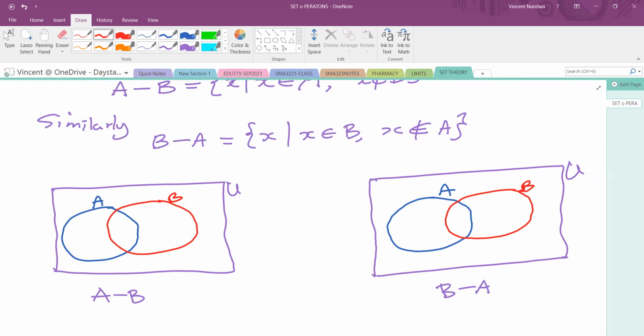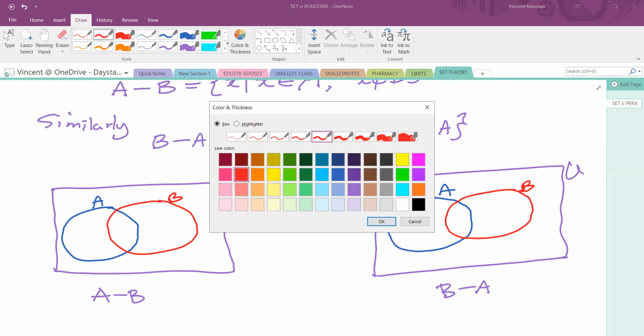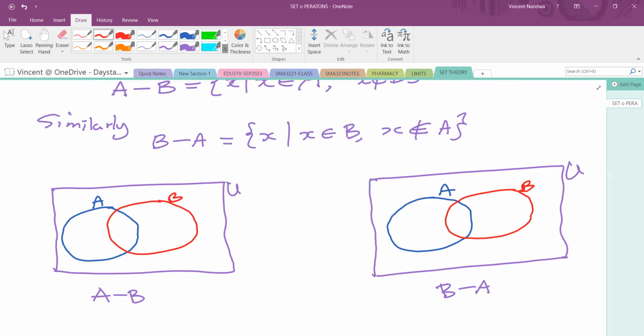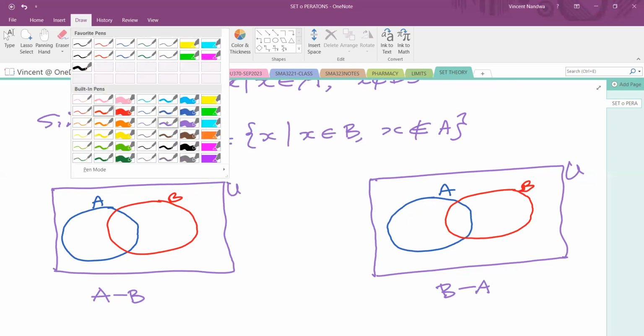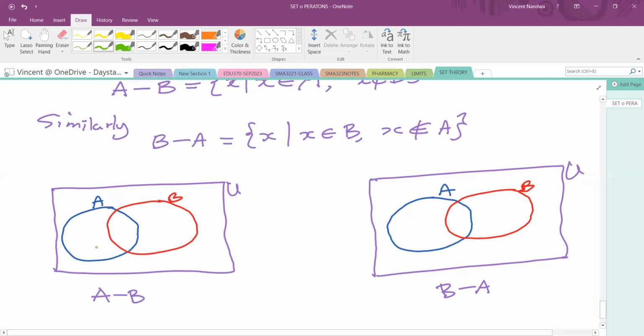So A minus B means you are sitting in A, but you should not be counted to be in set B. Here it means you are in the blue circle, but within the blue circle such that you shouldn't be counted to be in the red circle.